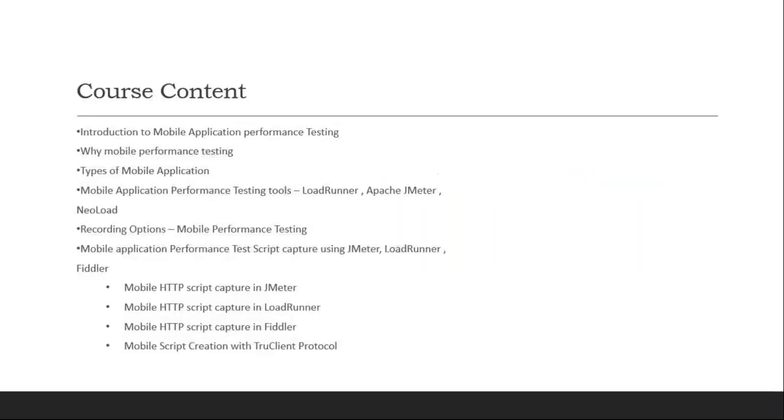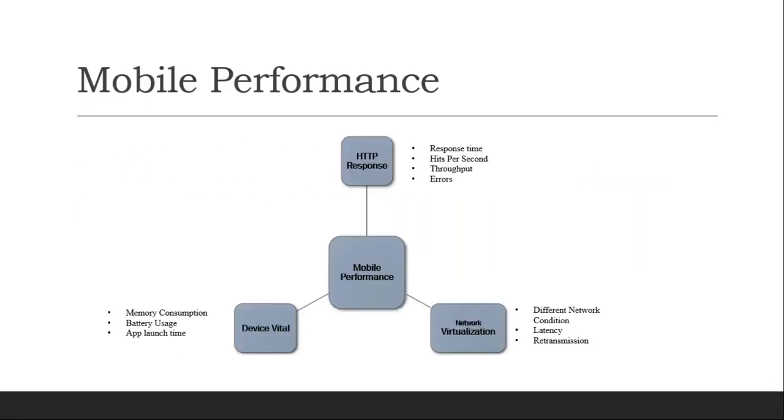So basically, if someone is asking you about mobile performance testing, first we will understand the HTTP response. Okay, HTTP response, or you call it server response, or API response, whichever way you call it, that is an HTTP response.